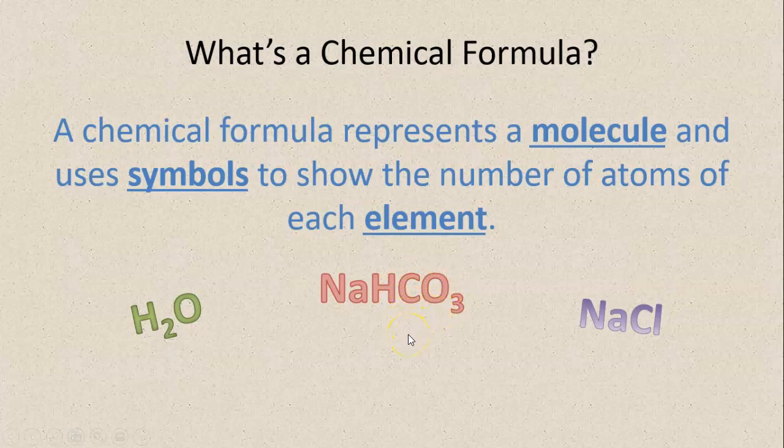And so that's carbon and oxygen 3. And that is the chemical formula for baking soda. And then over here we have NaCl. Hopefully we're all familiar with that by this time. Sodium and chlorine, making sodium chloride or table salt. So those are examples of chemical formulas.